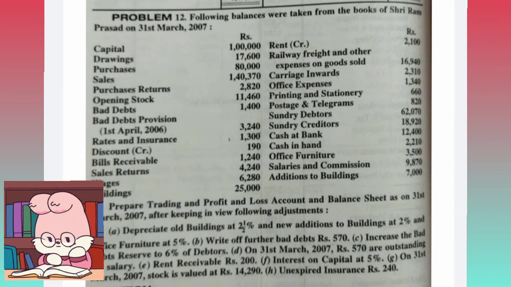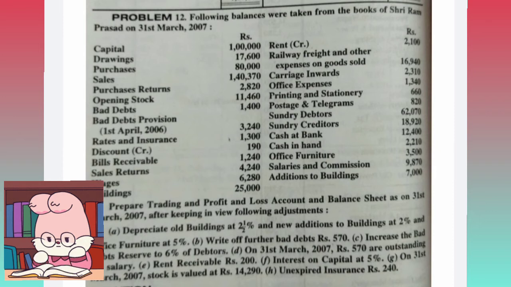Rates and insurance 1300, debit of P&L. Discount, they have given the credit balance, so it is a discount received. Discount, they have given CR, right? So discount CR, that is discount received 190.